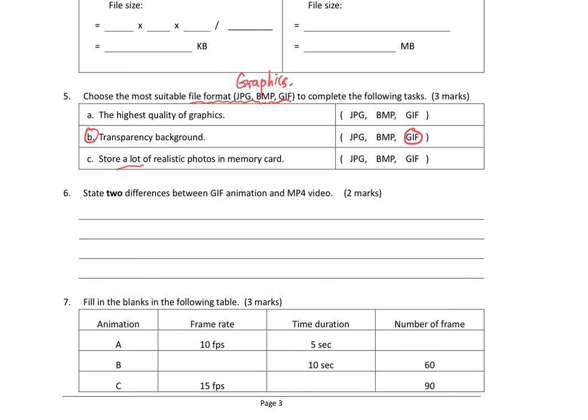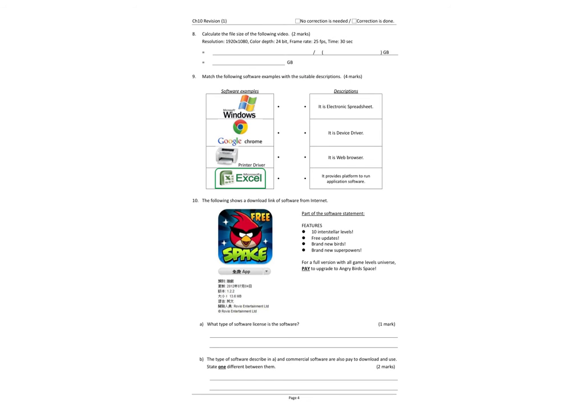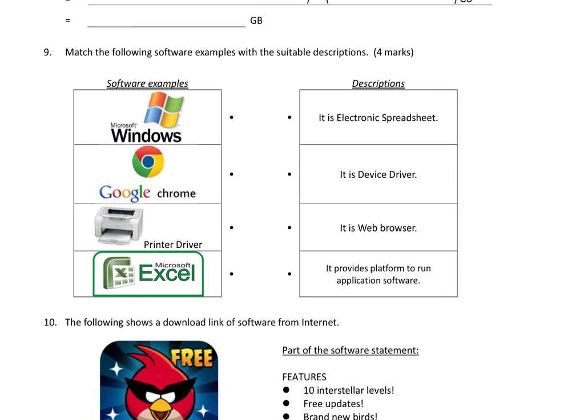If you want to store a lot of realistic photos, the storage size is high, so we recommend JPG, because it is a compressed file and the file size will be smaller. For the last one, the highest quality should be BMP. Then on the 4th page, let's talk about question 9.